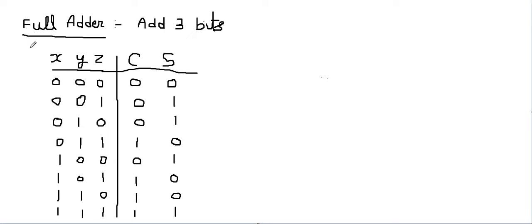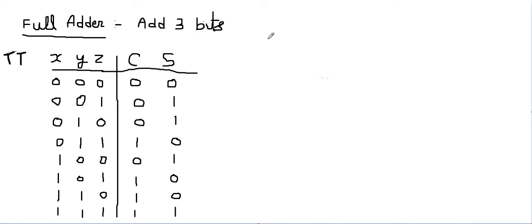This is the truth table, which I am writing as TT. As we have done in the half adder, the next step is to generate a Boolean function for the C and S.